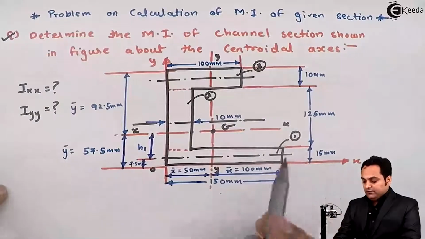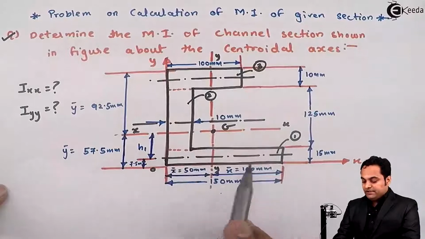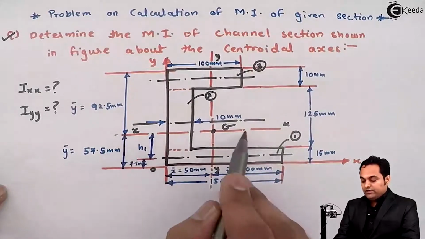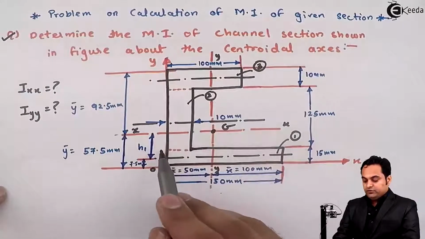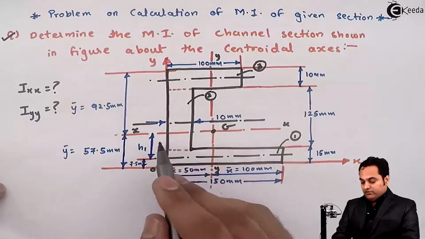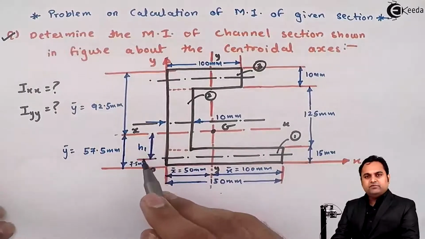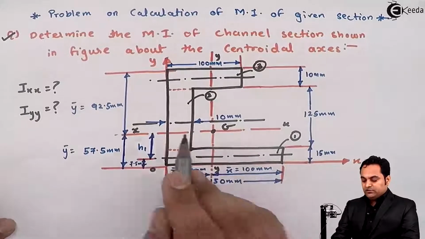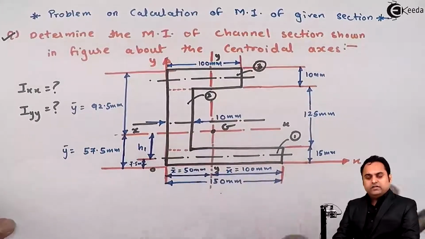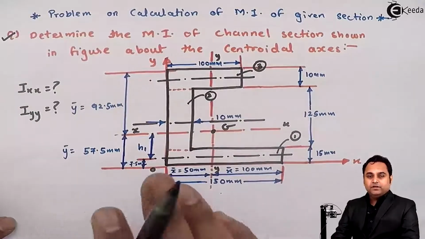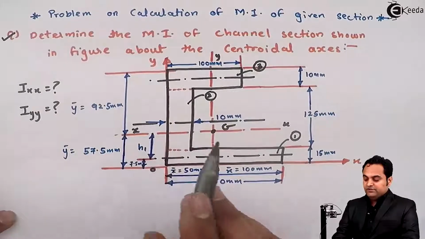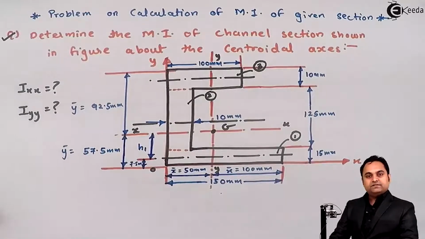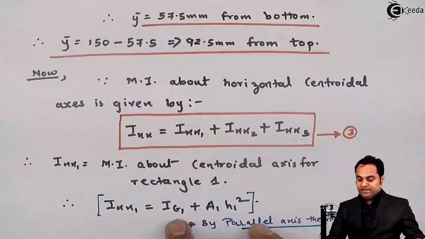Here we are calculating the moment of inertia for rectangle number 1 about the centroidal axis, so that is why we have to use the parallel axis theorem. If the distance between the two axes were 0, that is they are passing through the same line, then there is no need of parallel axis theorem. But here, since there is some distance, we have to use it. So here I have written Ig1.